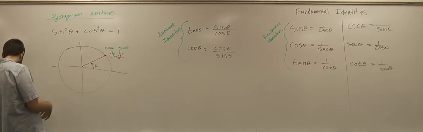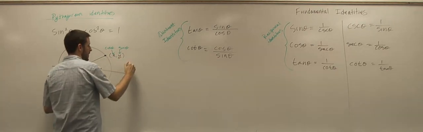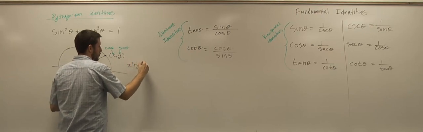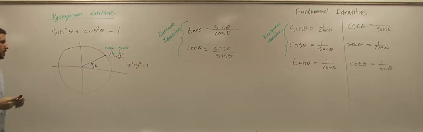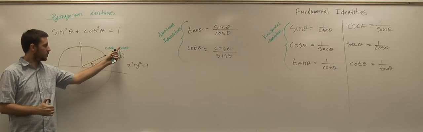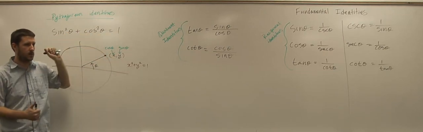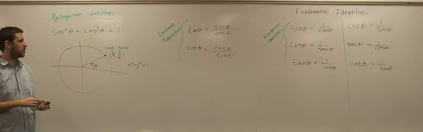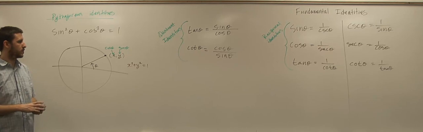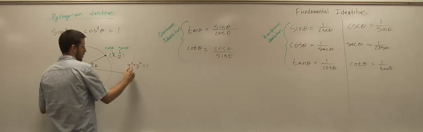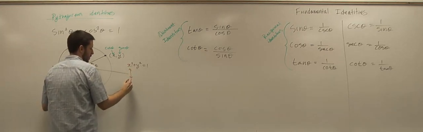That's like the criteria to get into the club. You have to meet x squared plus y squared equals 1. But x is cosine and y is sine, so cosine squared plus sine squared equals 1. It's like the original equation.